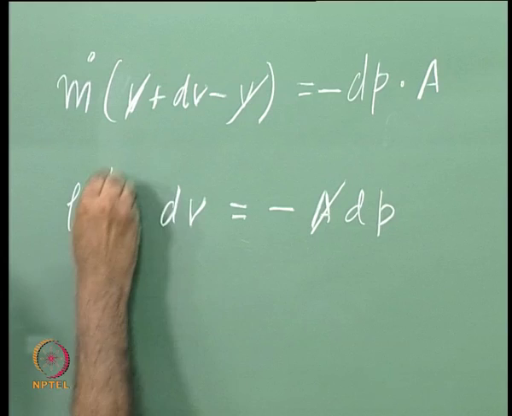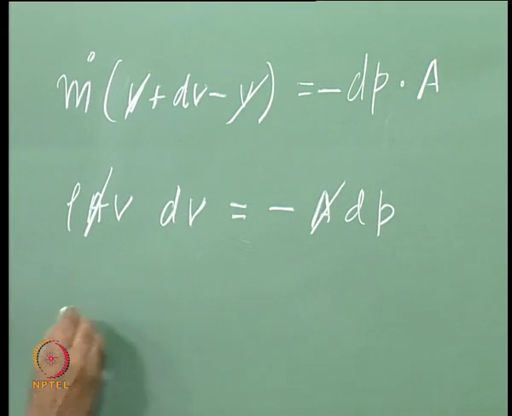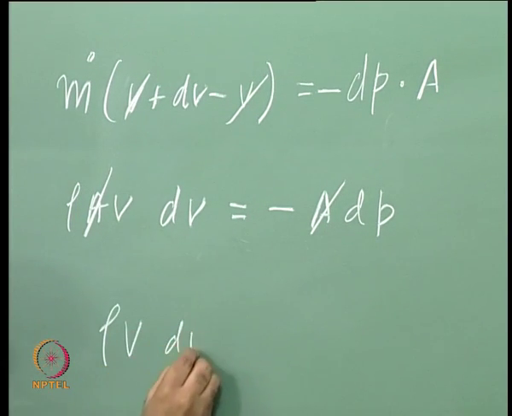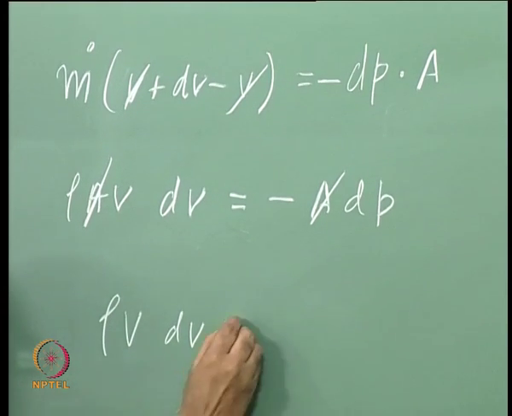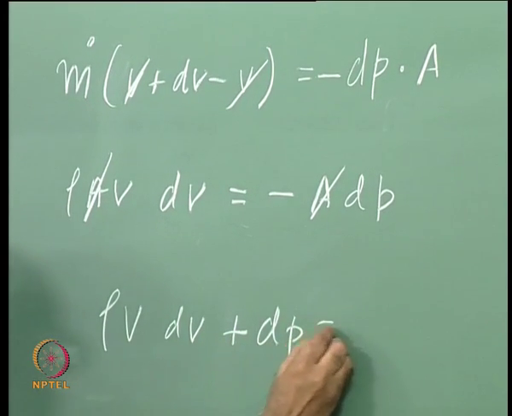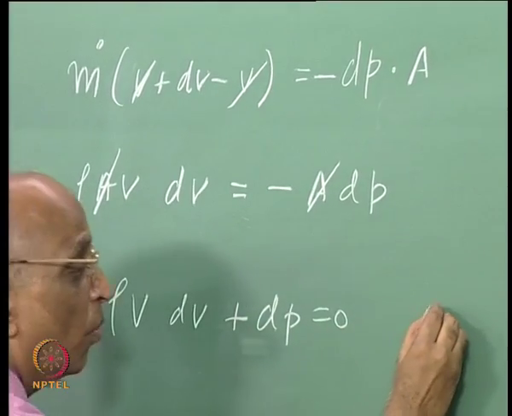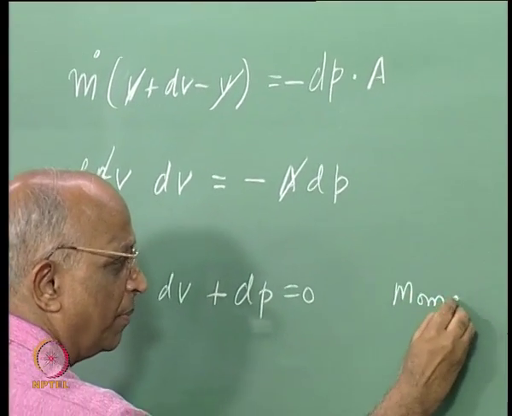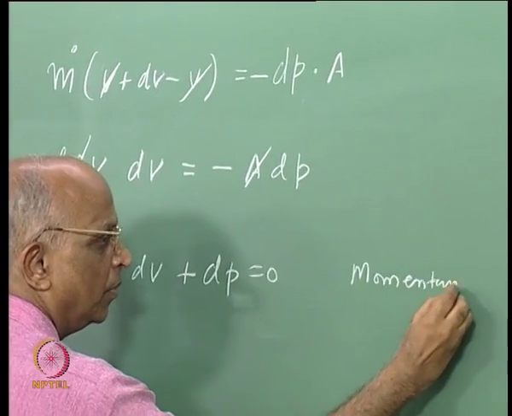A and A get cancelled, and therefore I get rho V dV plus dP is equal to 0, which becomes my momentum equation or pressure balance equation.